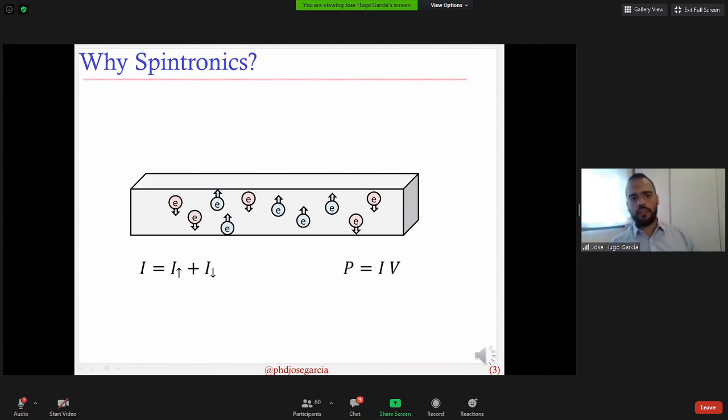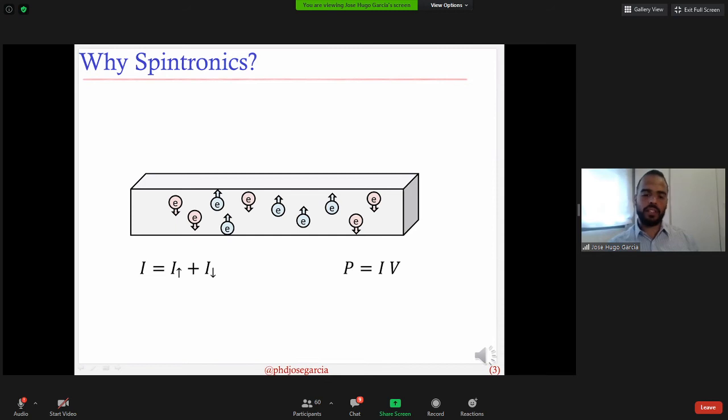So I know that everyone here knows about spintronics, especially the previous talk made a very good introduction, but because this is going to be recorded, I'm going to go very fast to the motivation of our field. So we all know that all electronic devices work by the movement of electrons, and this movement of electrons generates a current.